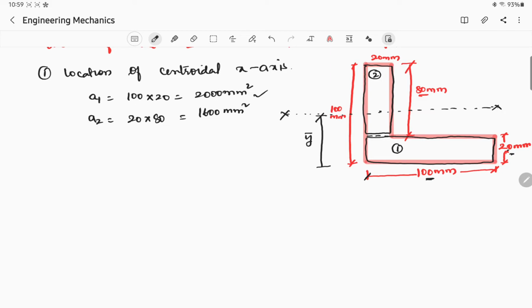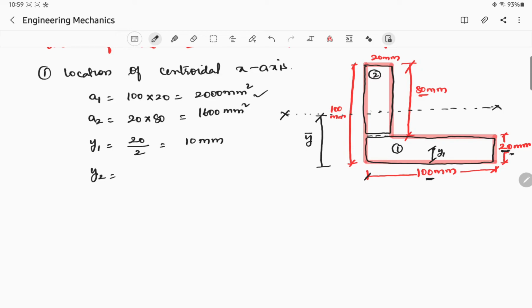To locate the centroid, I need the centroid of individual elements also. So what will be this height? This height will be y1, and this height is 20, no? So 20 by 2, which is equal to 10 mm.